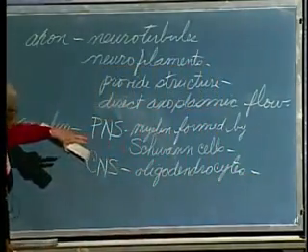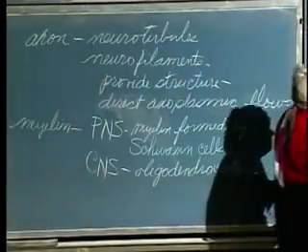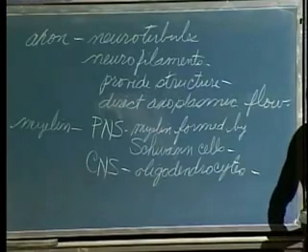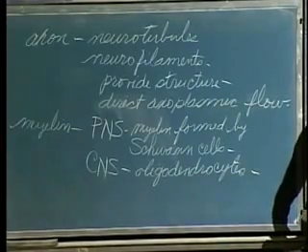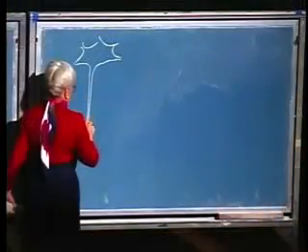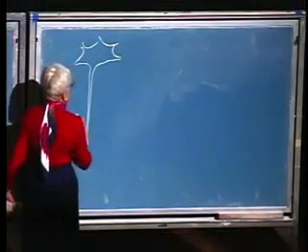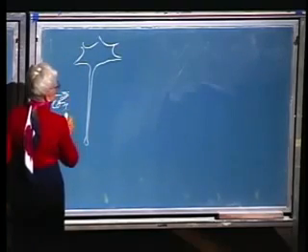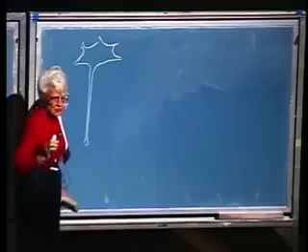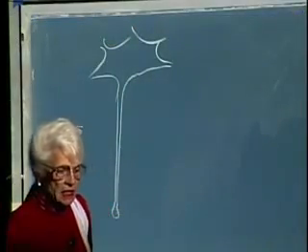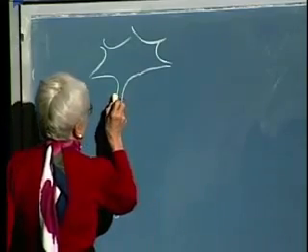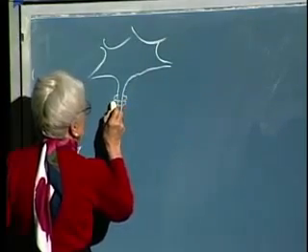So a Schwann cell, as it, let's put our typical neuron in here. And this is our axon. We'll see that many Schwann cells can myelinate a single axon. And we'll put a few in here. They wind around.